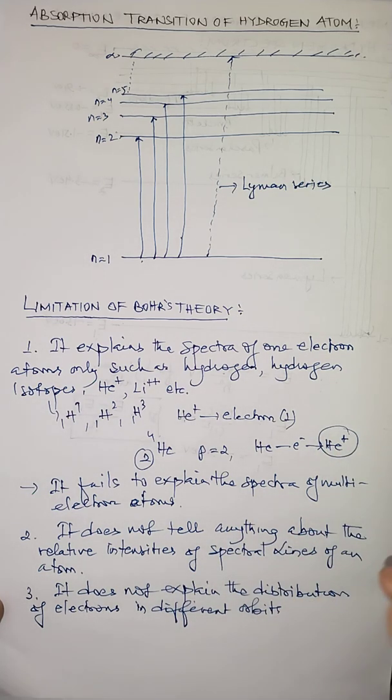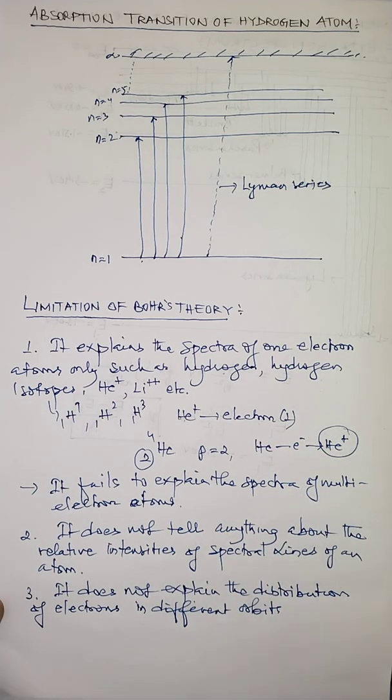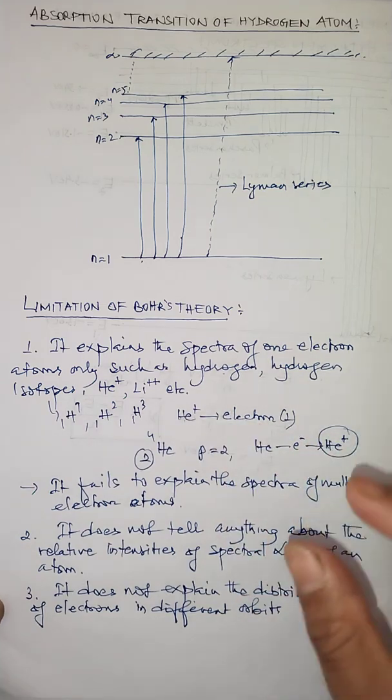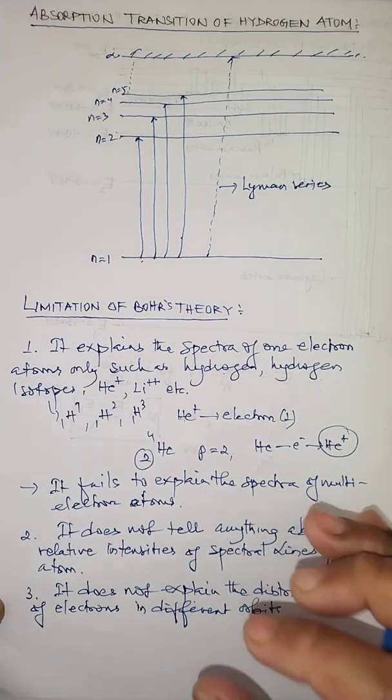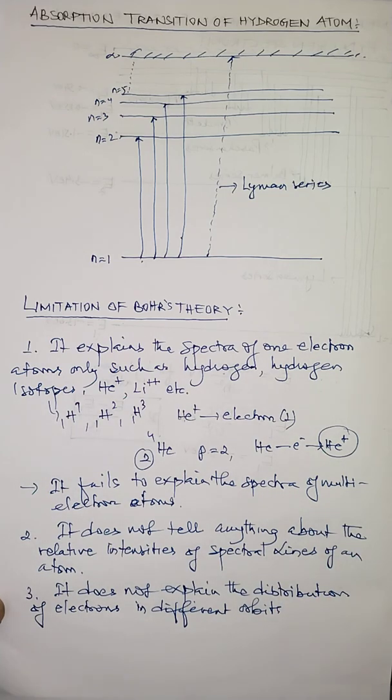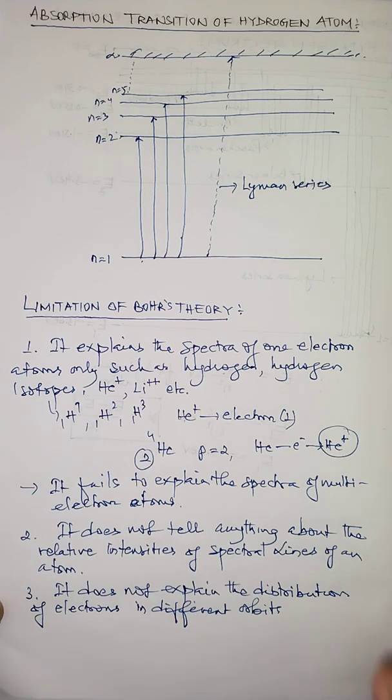Like we know, in the first orbit there are 2 electrons, in the second orbit 8 electrons. But the maximum number of electrons that can remain in a particular orbit, or the distribution of electrons in different orbits, was not explained at all by Bohr's theory. So this is also one of the drawbacks of Bohr's theory.